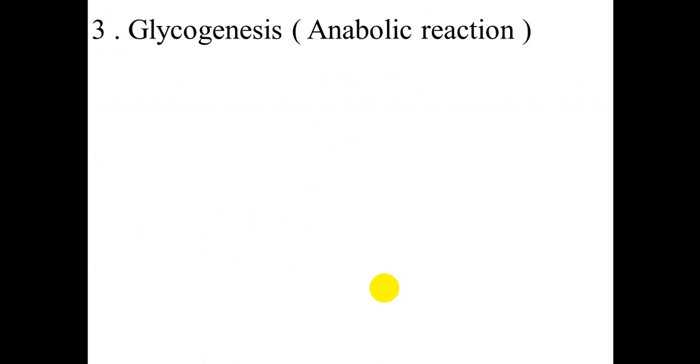Number 3, glycogenesis, an anabolic reaction. Excess glucose taken in is converted to glycogen in different tissues, especially liver and skeletal muscle, and stored there for any future needs. The amount of glycogen stored in the liver and muscles is limited.